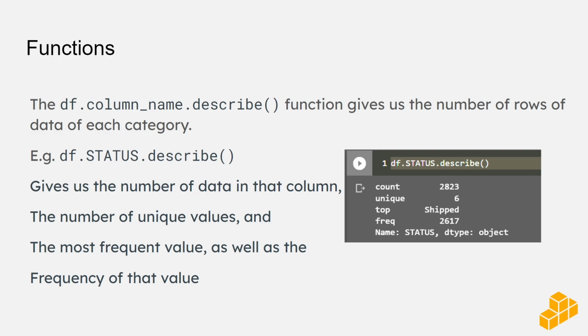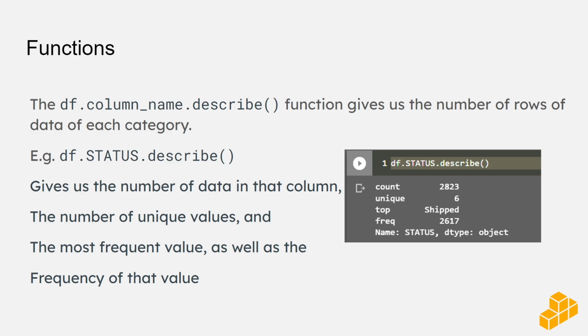For example, if I call df.status.describe(), in this case, you don't have to specify your column as a string. You can just put df.status.describe(), and what this does is it basically gives you the number of data in that column.